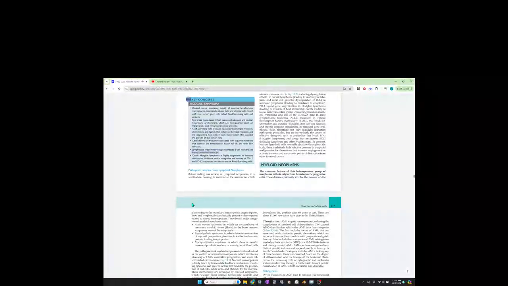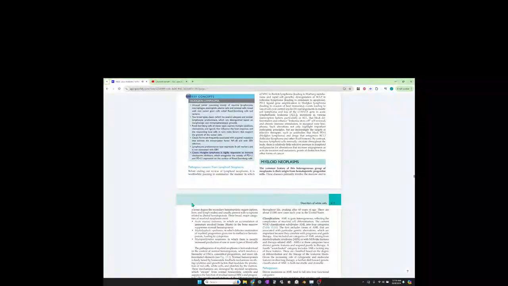Classic forms are frequently associated with acquired mutations that activate the transcription factor NF-κB and with EBV infection. Lymphocyte predominance type expresses B-cell markers and is not associated with EBV. Classic Hodgkin lymphoma is highly responsive to immune checkpoint inhibitors, which antagonize the activity of PD-L1 and PD-L2 expressed on the surface of Reed-Sternberg cells.